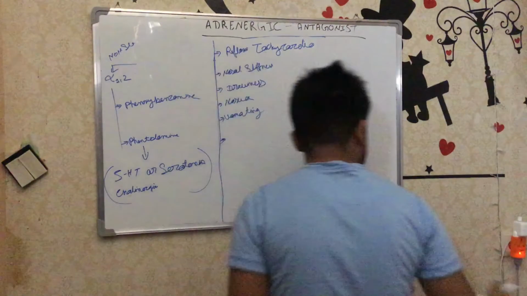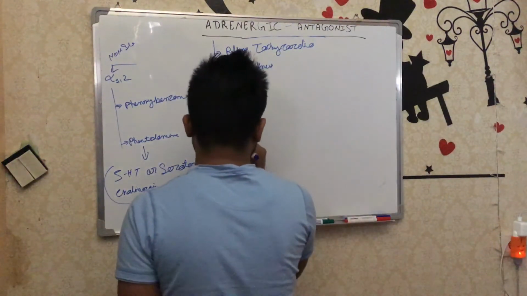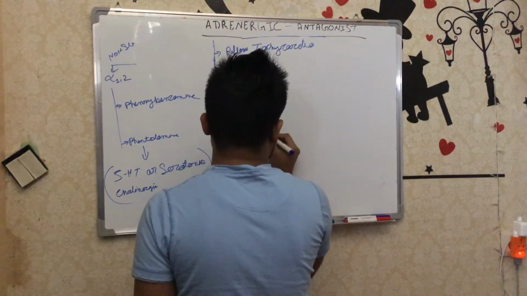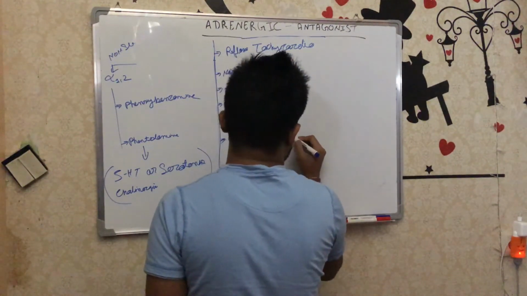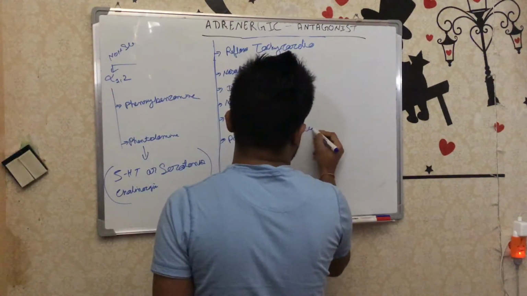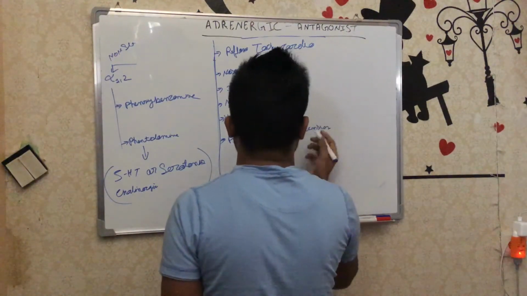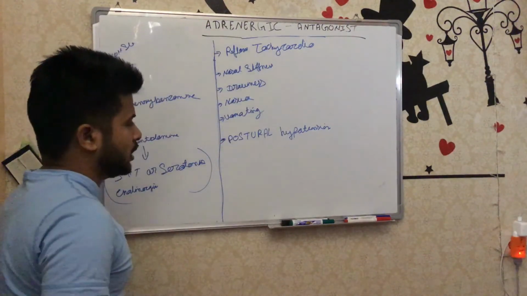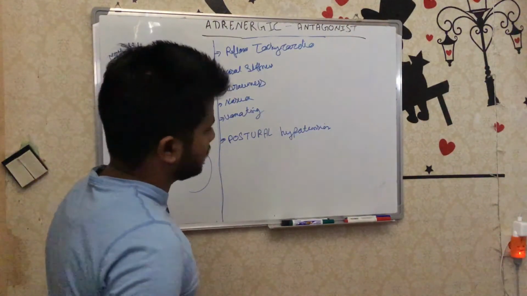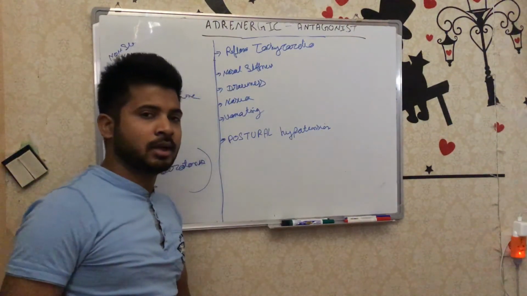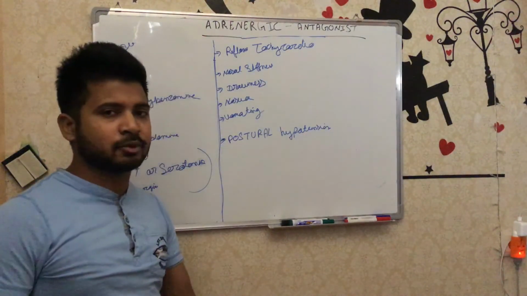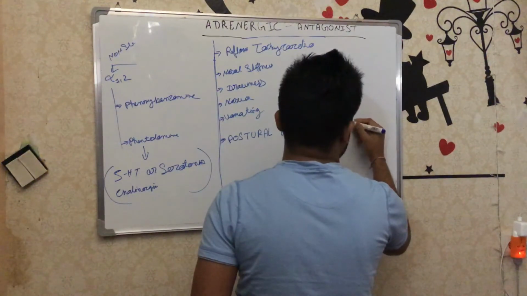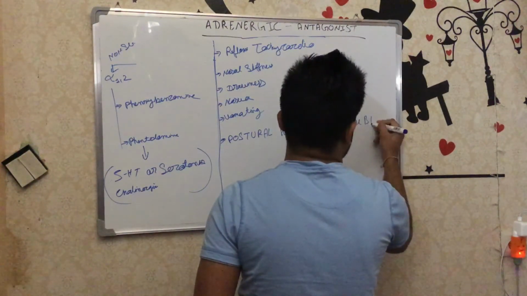What is postural and orthostatic hypotension? Postural hypotension, or we can say orthostatic hypotension, is the same. It means whenever a person stands up from a sitting position or lying position, the blood pressure suddenly falls.